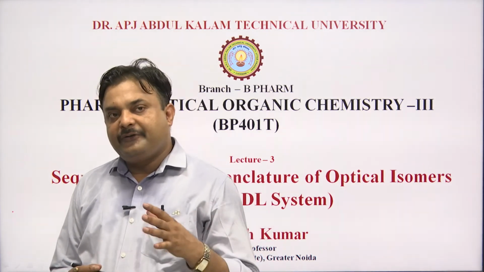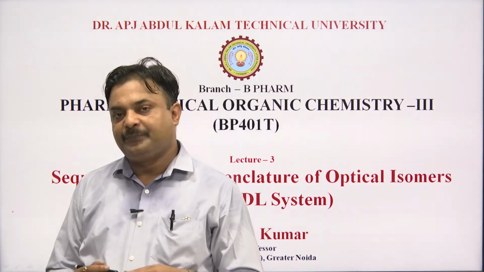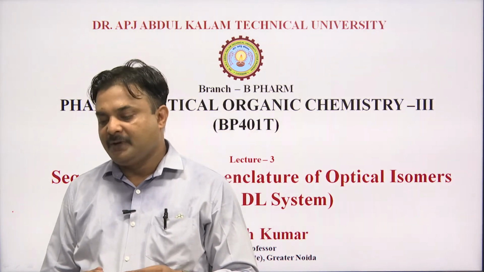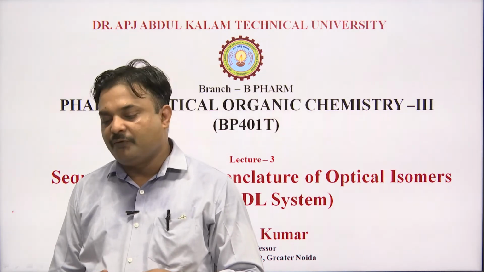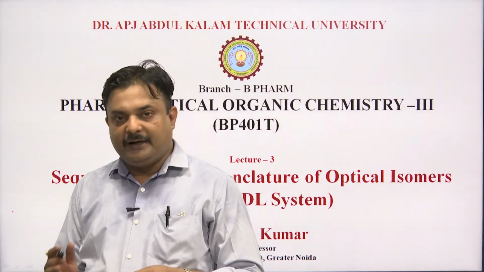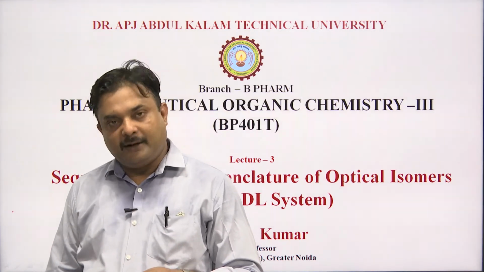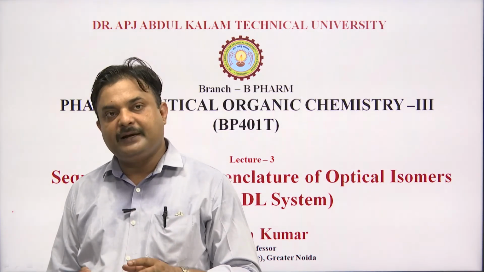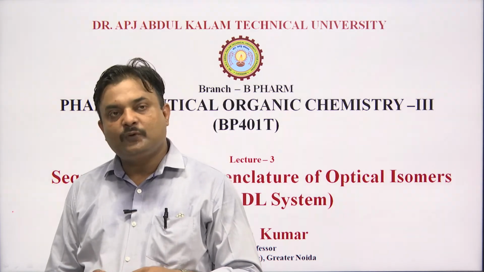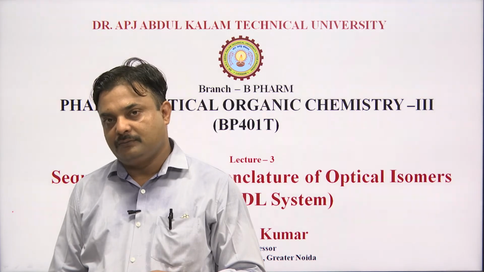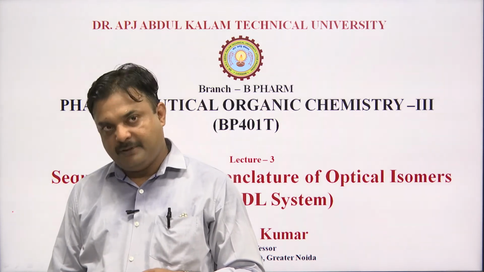In continuation with that lecture, as per the syllabus of Pharmaceutical Organic Chemistry 3rd, subject code BP 401, we will discuss the next topics in optical isomerism, which mainly contain the sequence rule, also known as the Cahn-Ingold-Prelog system, or CIP system.